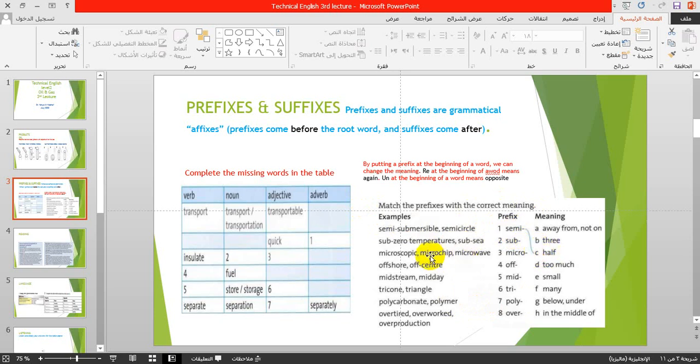Semi-submersible, semicircle, half a circle. Fine. Sub: subway, below, under; sub-zero, under zero; sub-zero temperature; sub-sea, under the sea. That's the meaning.